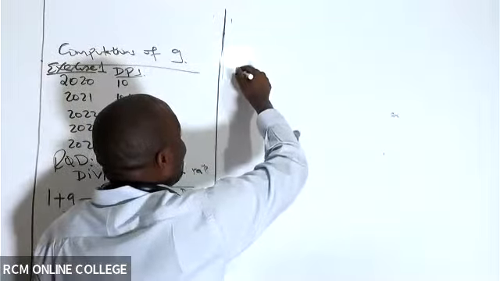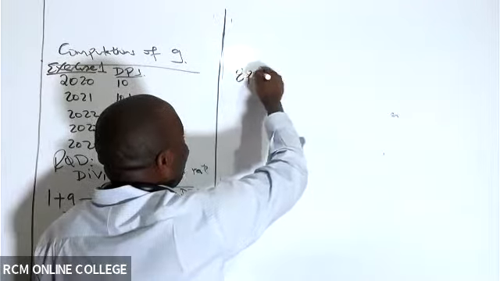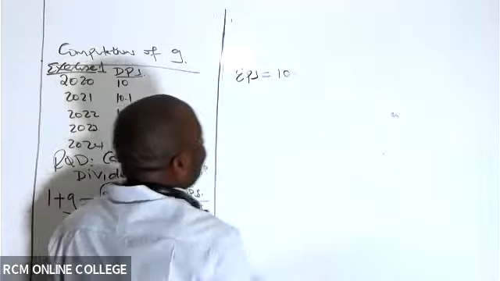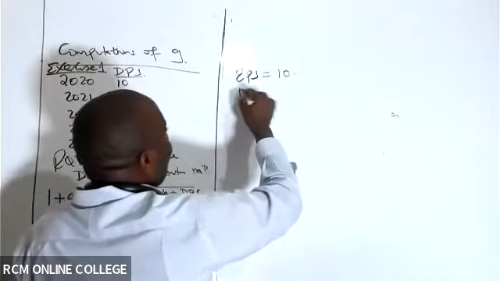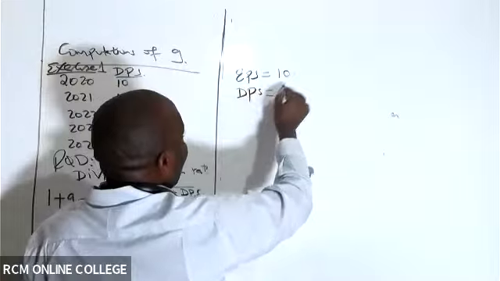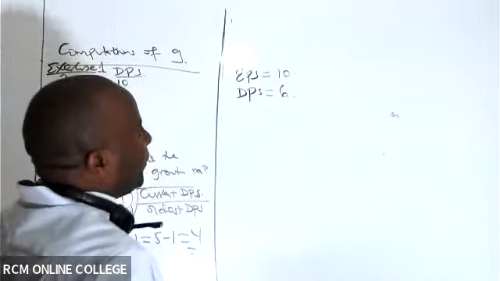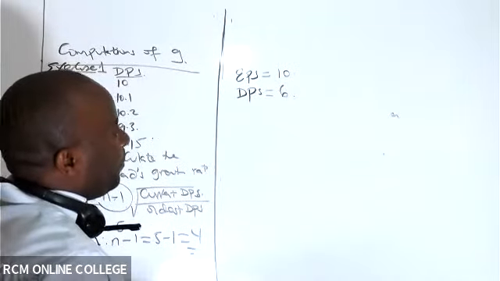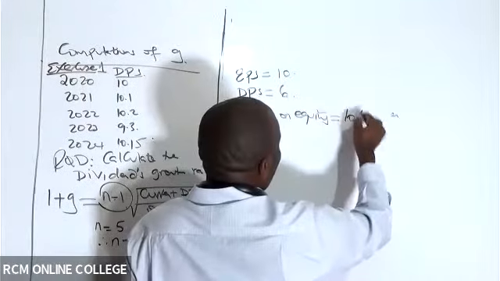Let's see here. We are given a situation where EPS is 10, dividends paid 6, and return on equity is 10%.